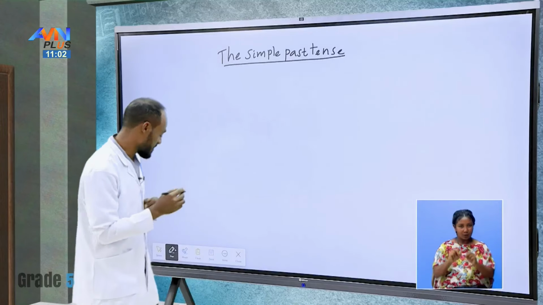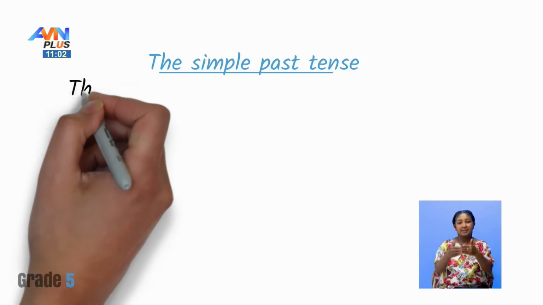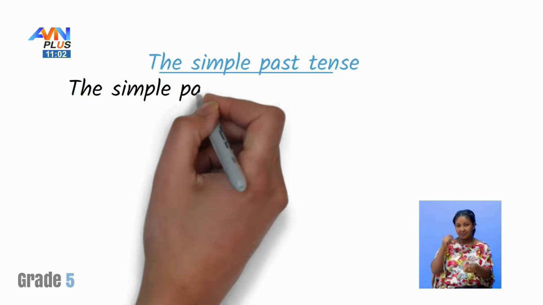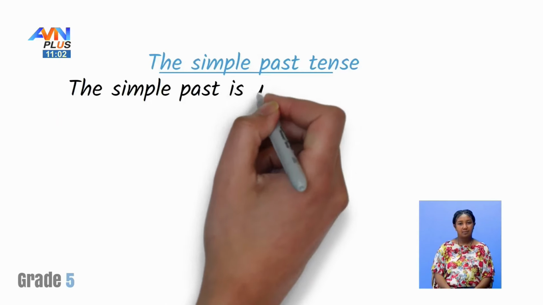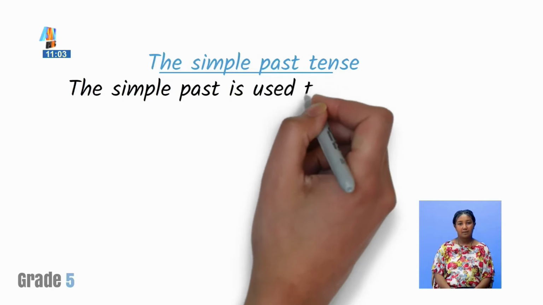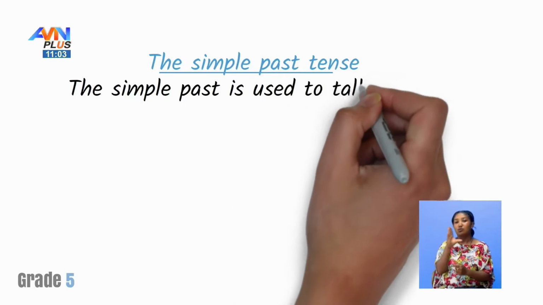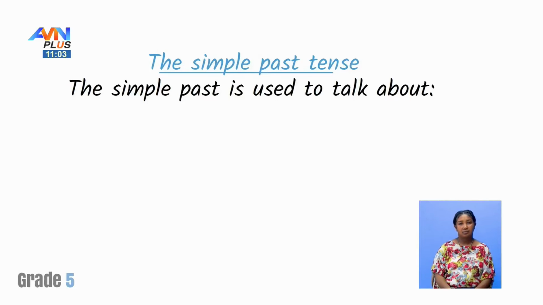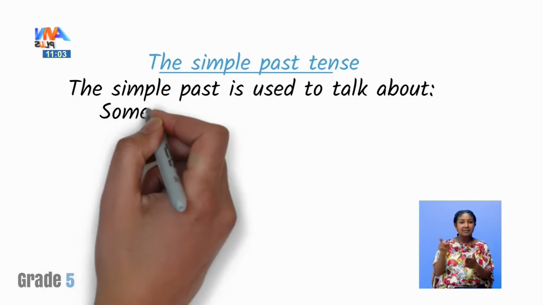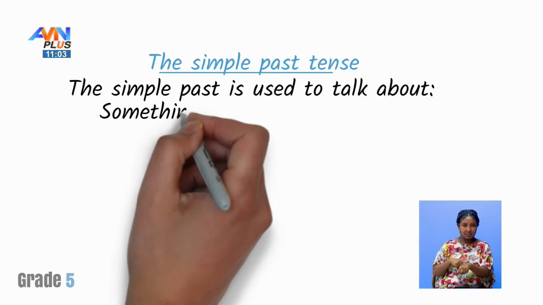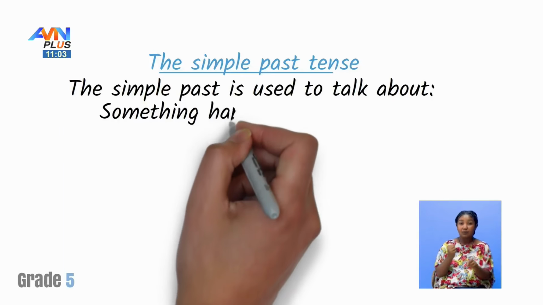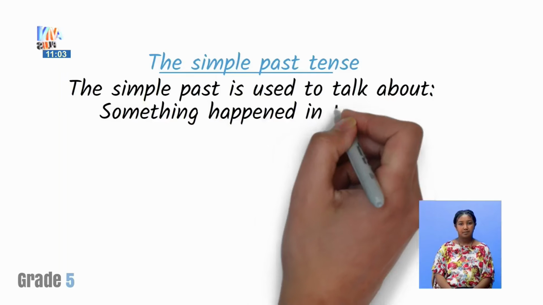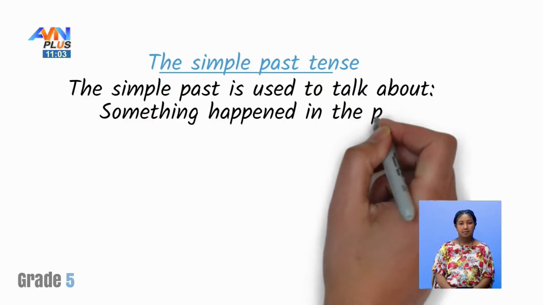The simple past tense is used to talk about something that happened in the past.